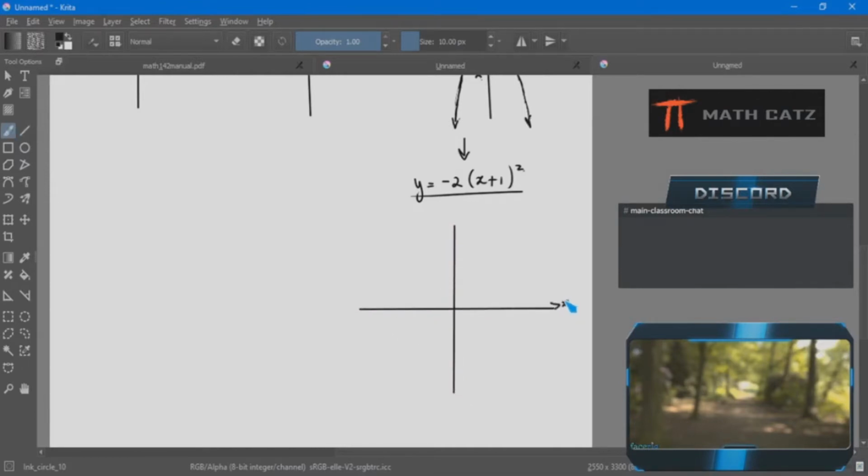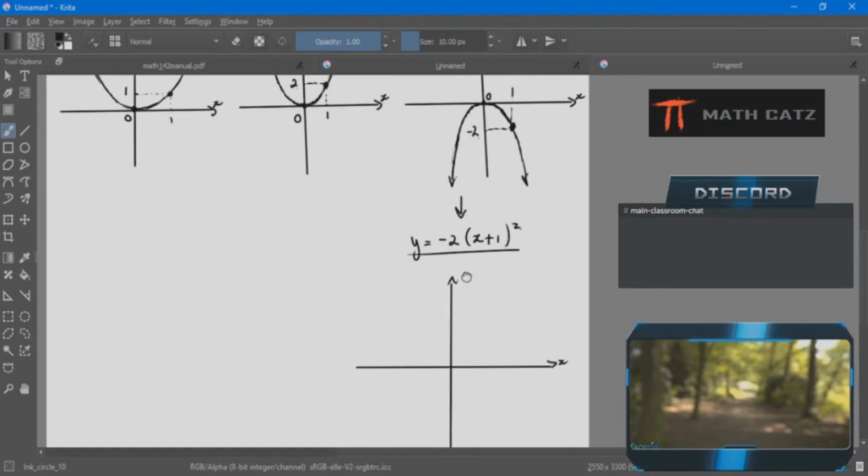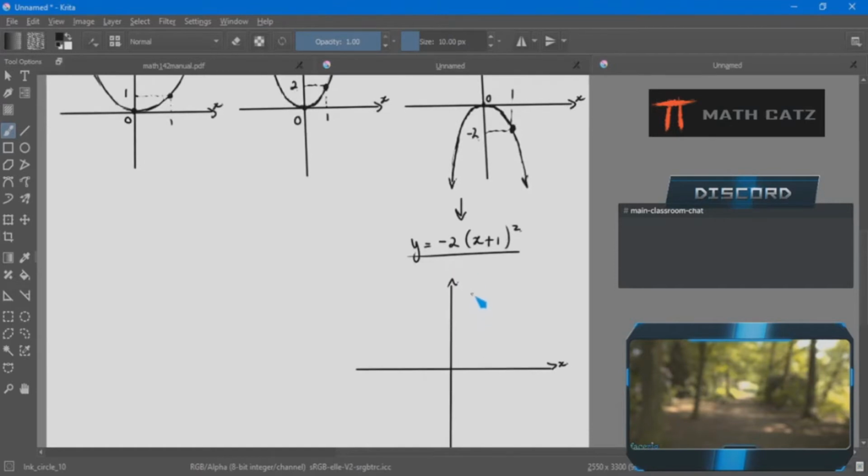I have this space so we can make them a little bigger. So now it's replacing x with x plus 1. So that means that it's a horizontal shift to which side? Who can tell me to which side it shifts horizontally? Left. Perfect.